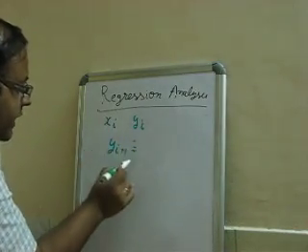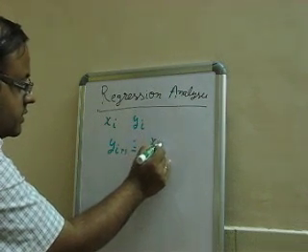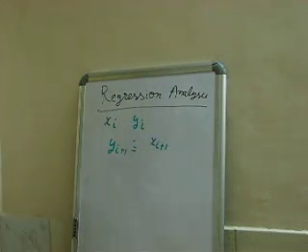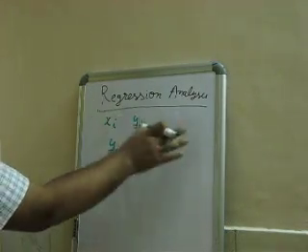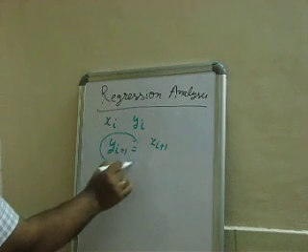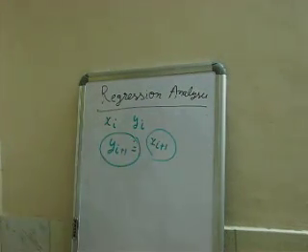What will be the value of yi plus 1 at xi plus 1? Using regression analysis you figure out the value of a dependent variable for a given value of the independent variable.